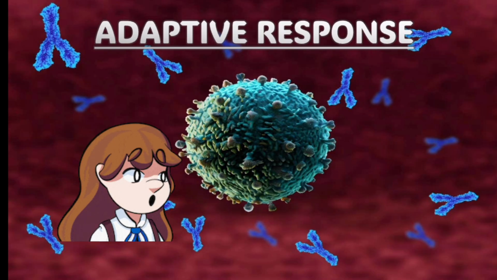The next step is the adaptive response. The adaptive response happens when the innate immunity does not clear the threat or pathogen. The B cells produce antibodies for that antigen, and they kill them by the following process. These antibodies are specific antibodies.